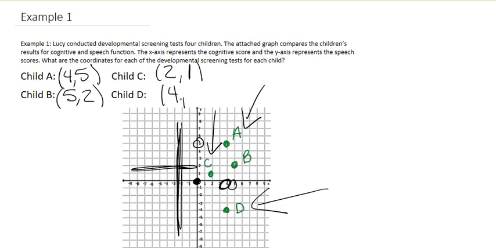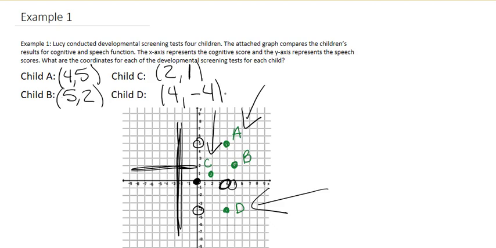However, when we look at D, we notice that we're going down from the origin. We go down 4 spots because it has -4. So we would actually include that negative sign there for the y to indicate this. So this child having a negative number would show that it has a delay in speech.